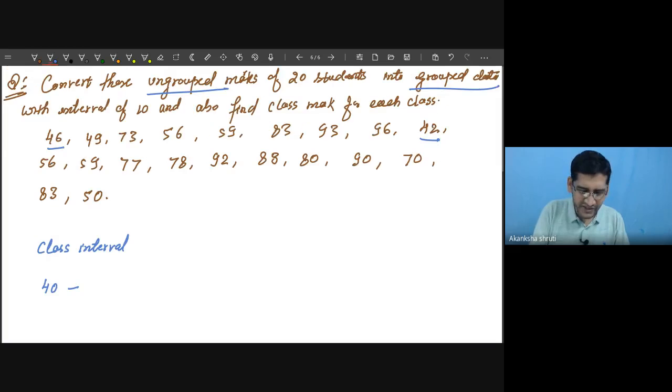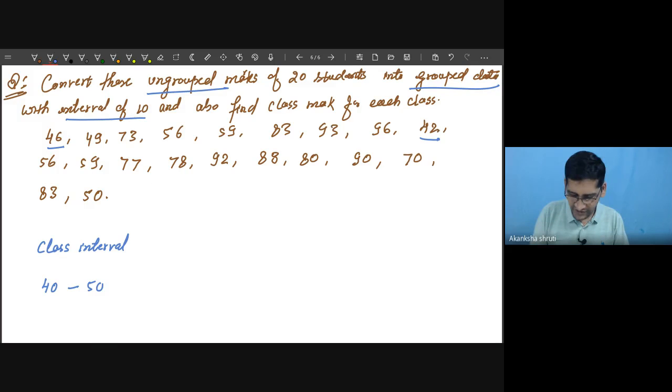The interval is given as 10, so 40 to 50. For this class interval, we will write the number of observations, or number of students securing marks in this particular class interval. Rather than writing their number, we can directly write it as the frequency. The frequency term indicates the number of observations in a particular class interval.